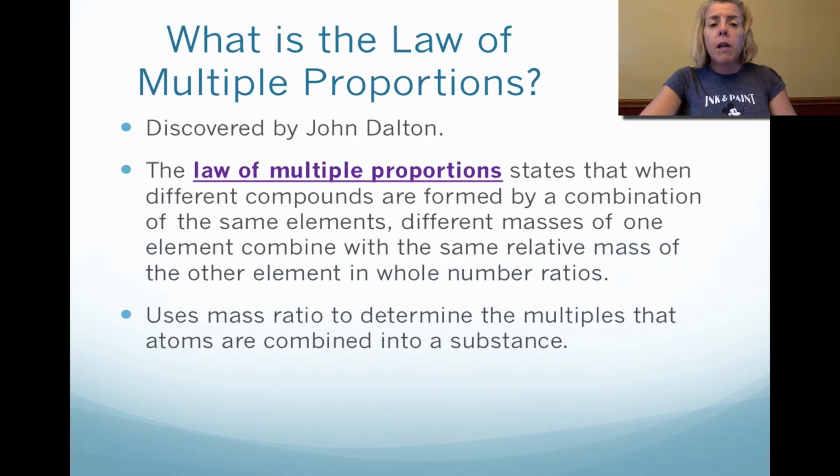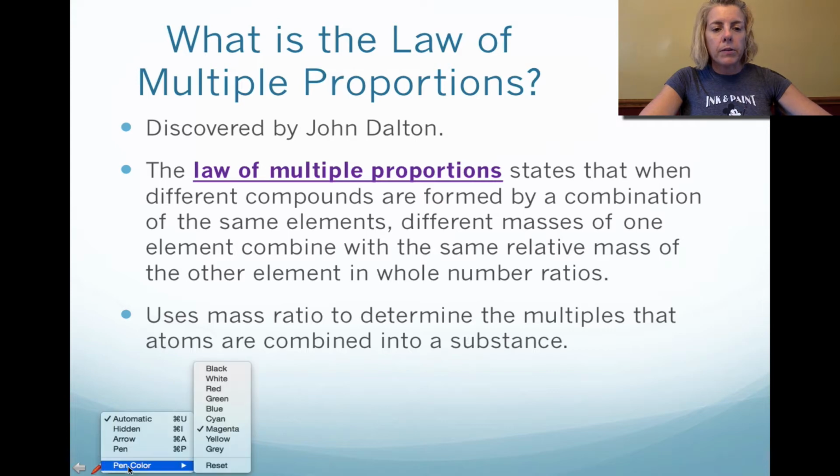Okay, the next one is the law of multiple proportions. So there was an English school teacher who figured out that different compounds are formed by a combination of the same elements. And this is where it gets a little confusing for people. They're going to have different masses. And what you want to do is figure out the mass ratio to figure out the multiple of the atoms that are combined into these substances. And you're probably scratching your head thinking, what are we talking about?